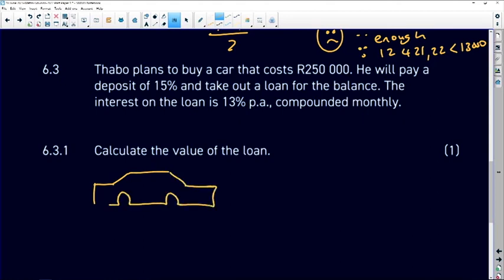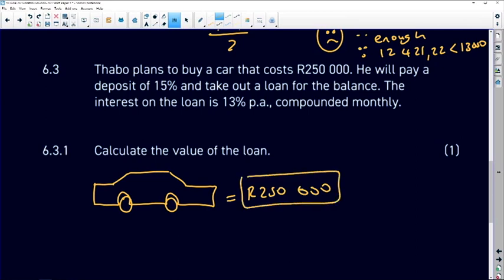I need to show you something interesting here that we are going to talk about. So what is the value of the car? The value of the car is exactly 250,000 rands. This is what the car costs. If Thabo has 250,000, he goes to the dealership, gives them 250K, they give him the car, he drives home. Simple as that. But now, he doesn't have the money.